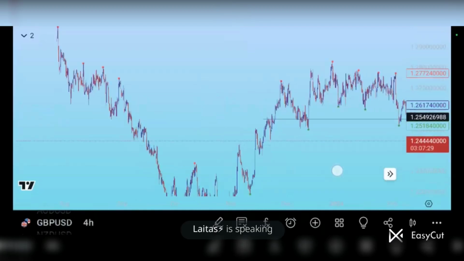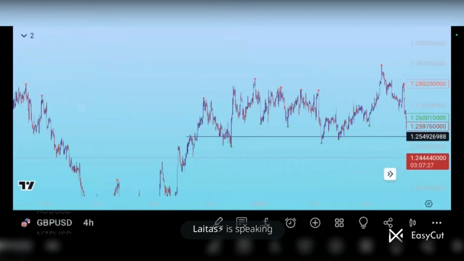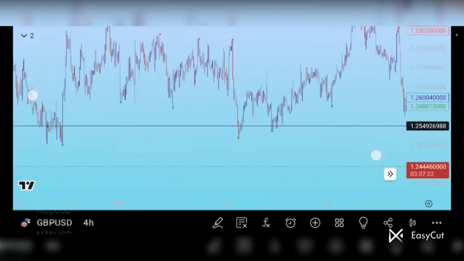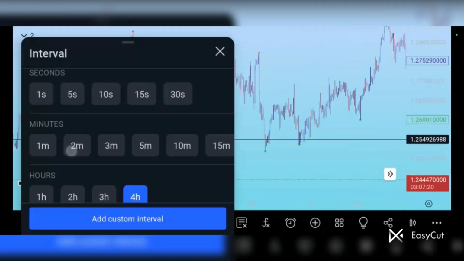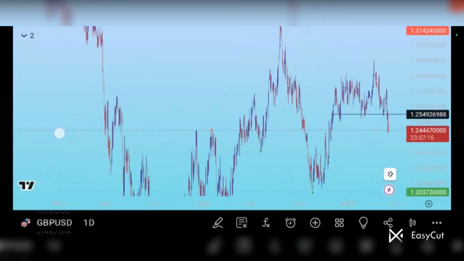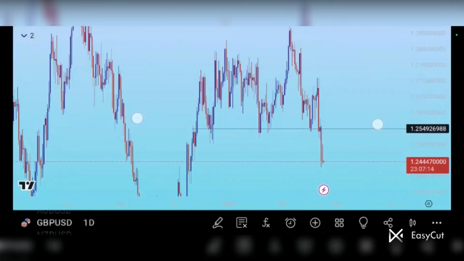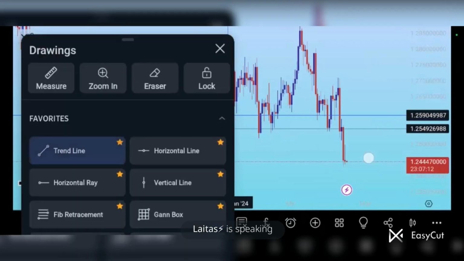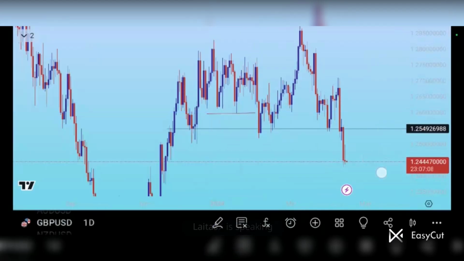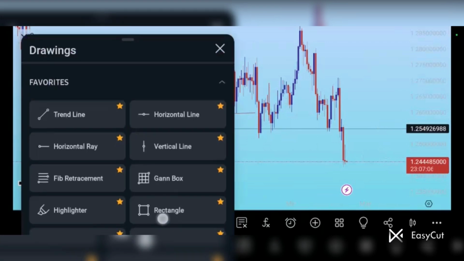It's liquidity. So is it this liquidity here that makes this support hold? That makes this support hold.